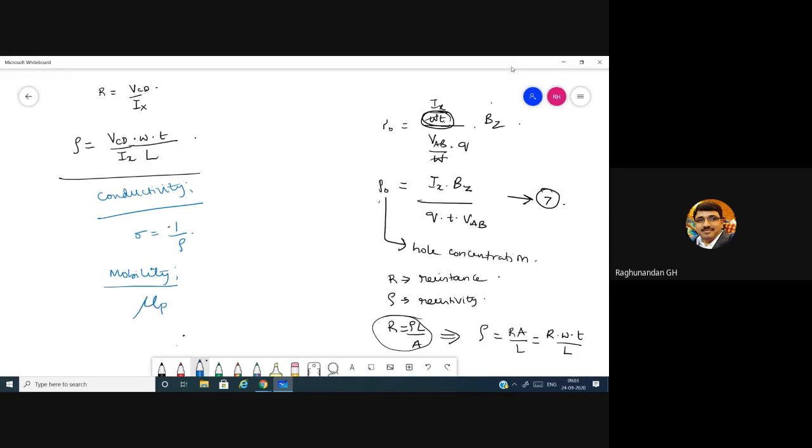Mobility means mu p, because we are talking about the mobility of p-type material. It is drift velocity by the electric field applied. Vx by Ex, we have derived. Then is there any relation between conductivity and mobility?